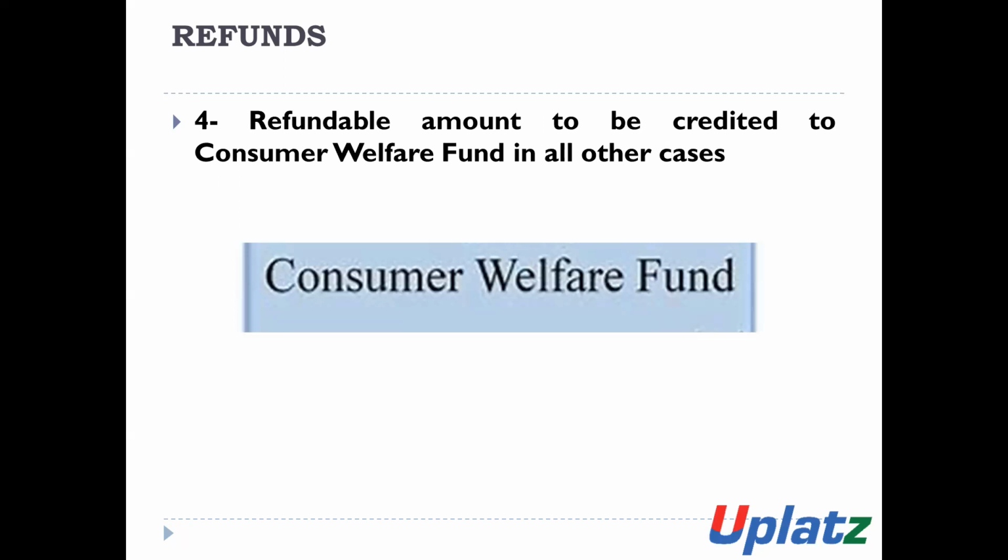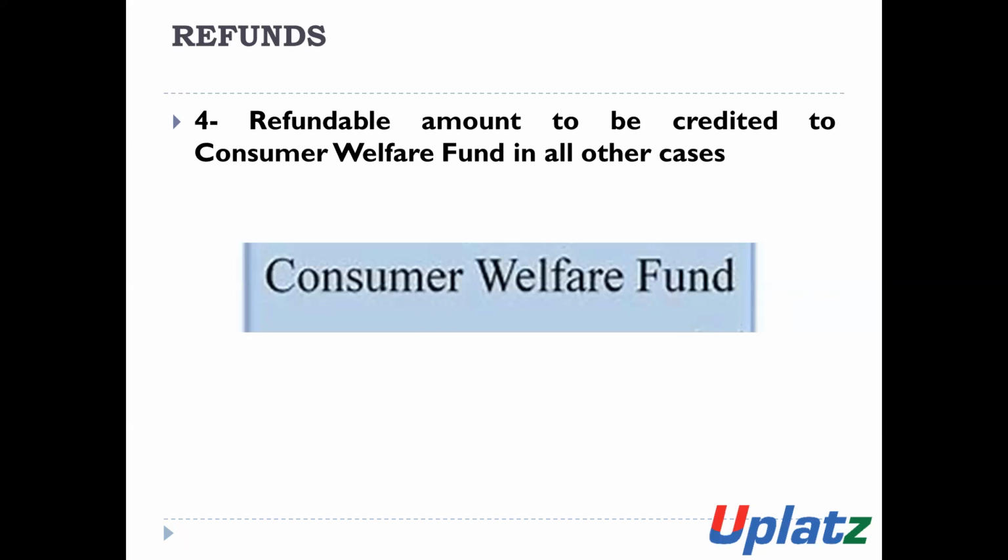Refundable value to be credited to the consumer welfare fund in all other cases. The amount of the refund will be credited to the consumer welfare fund in all other cases.